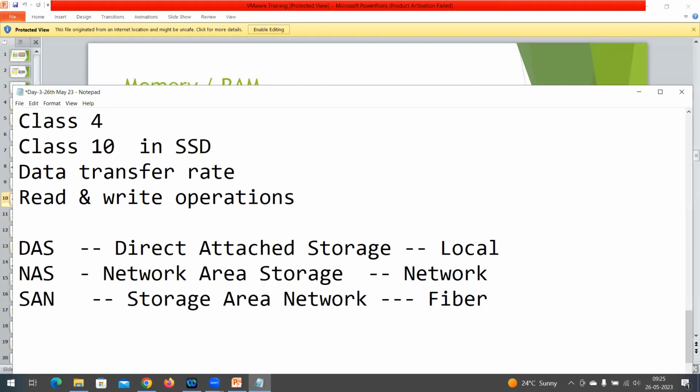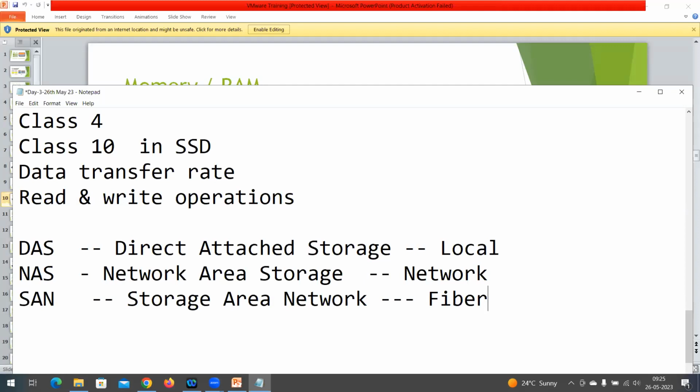So here, the types of storage which we are going to provide. For example, I'm using a server where I'm using direct attached storage. Direct attached storage, the hard disk will connect to that server directly. That means I can call that storage a local storage. The different types of storage media, SSD, SATA disk, SCSI disk, different types of controllers to support this local disk configuration.